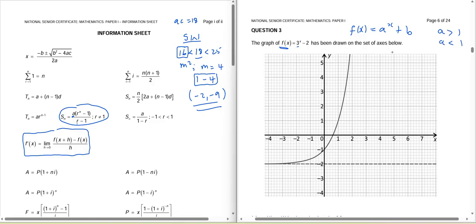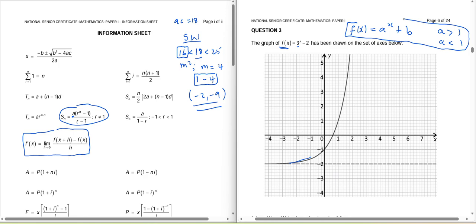You need to remember that. Since our a is 3, which is greater than 1, we expect our graph to be something like what you are seeing right now. But there will be some translation, which I'll touch on later.